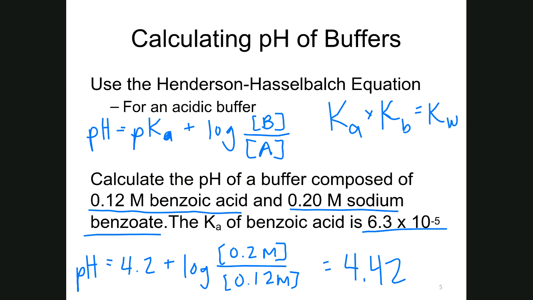So this is just looking very simplistically at a buffer, nothing added to it yet. But as we saw earlier, the whole point of us having a buffer is that we can add substances to it and hopefully not change the pH too drastically. So how do we determine what's happening there?